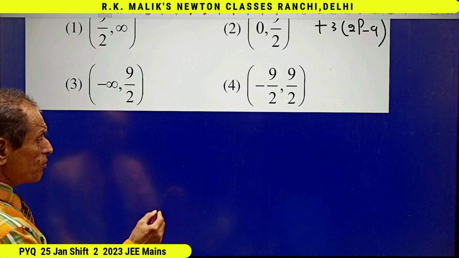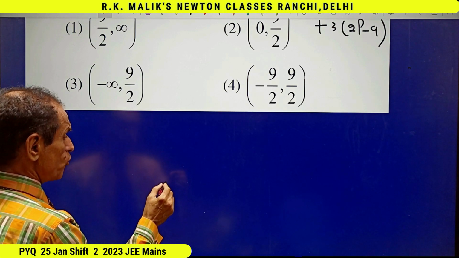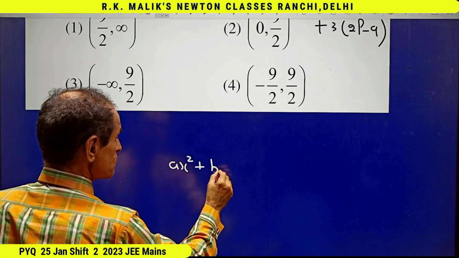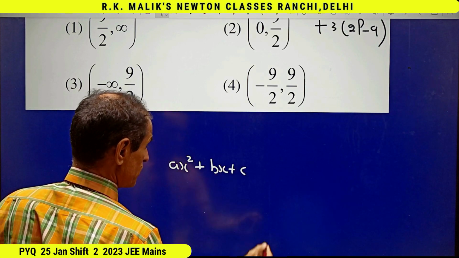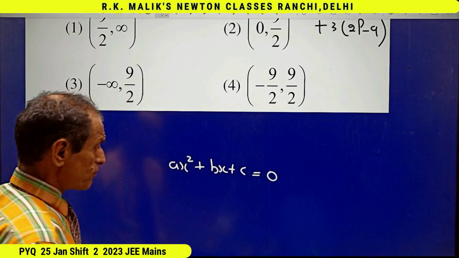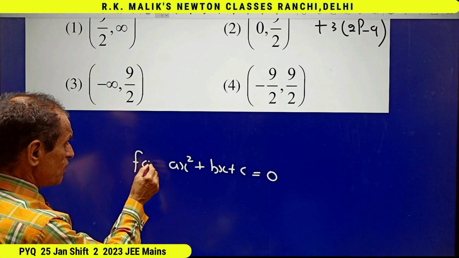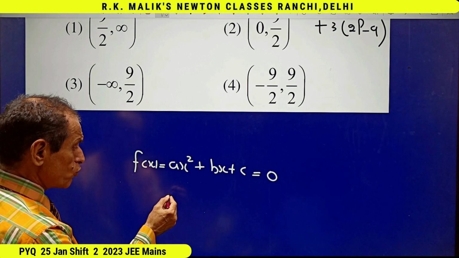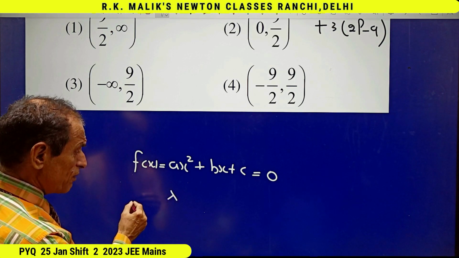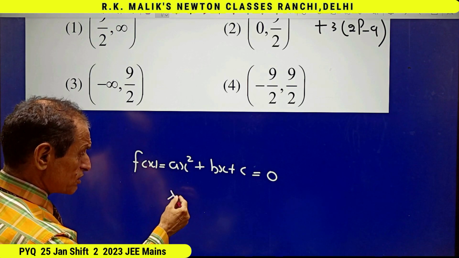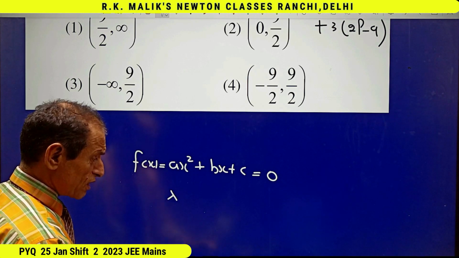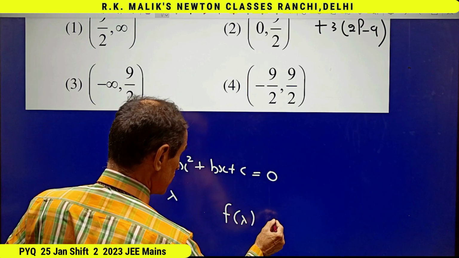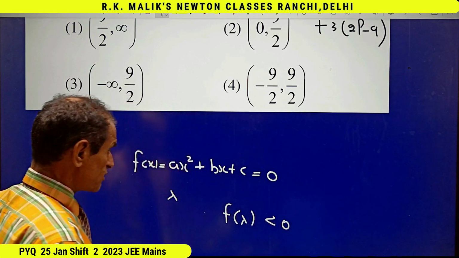And all of you must have studied while studying quadratic equations: for the quadratic equation ax² + bx + c = 0, say f(x) equal to this, for one root to be less than lambda and the other root greater than lambda, the condition required is f(lambda) should be less than 0.